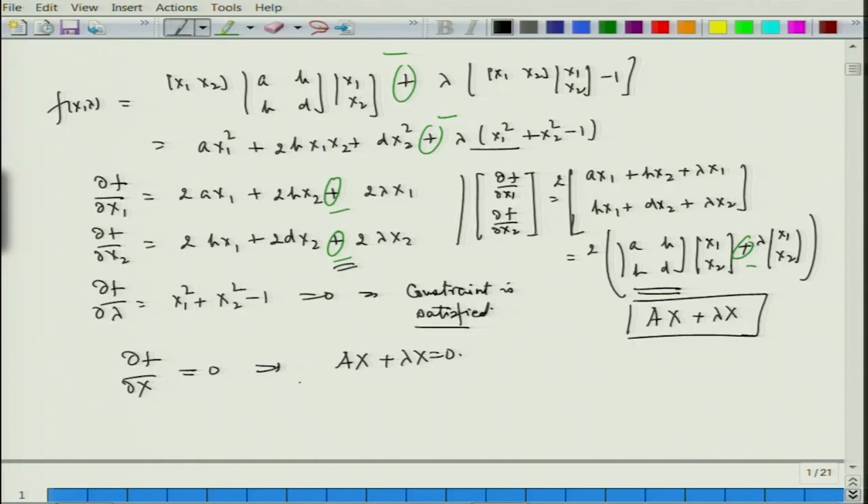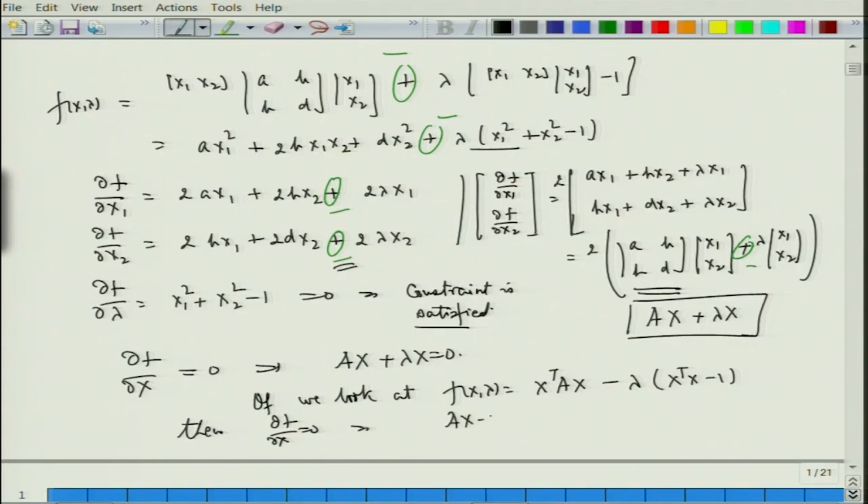If we look at f of x and lambda as x transpose Ax minus lambda times (x transpose x minus 1), then del f by del x equal to 0 implies Ax minus lambda x should be 0, which is the same thing as saying Ax is equal to lambda x.